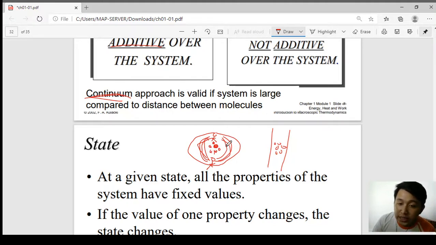So that's why we can disregard the distance or the discontinuity of molecules in the continuum approach. It is still macroscopic, but that is the explanation of the continuum. So in a continuum we treat the molecules as continuous matter.